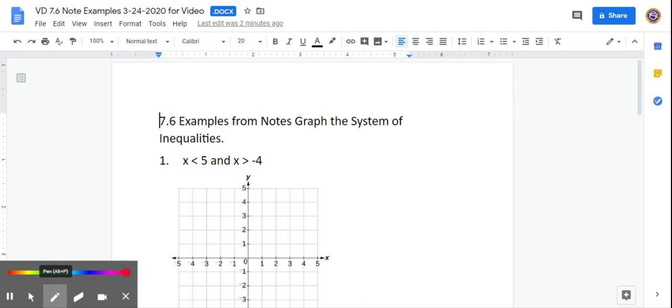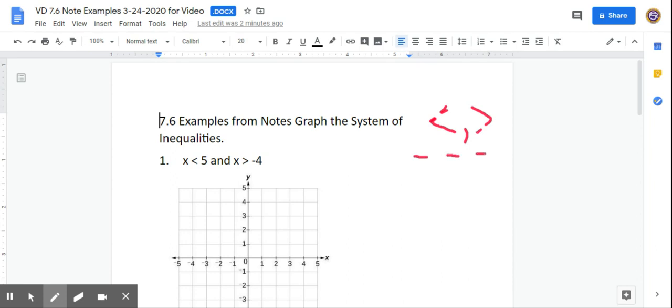When you're drawing the line, you need to remember that if you have a less than or a greater than, you will be using a dashed line. If you have a less than or equal to, or a greater than or equal to, then your line will be solid. Less than is below, greater than is above or to the left, to the right, etc.